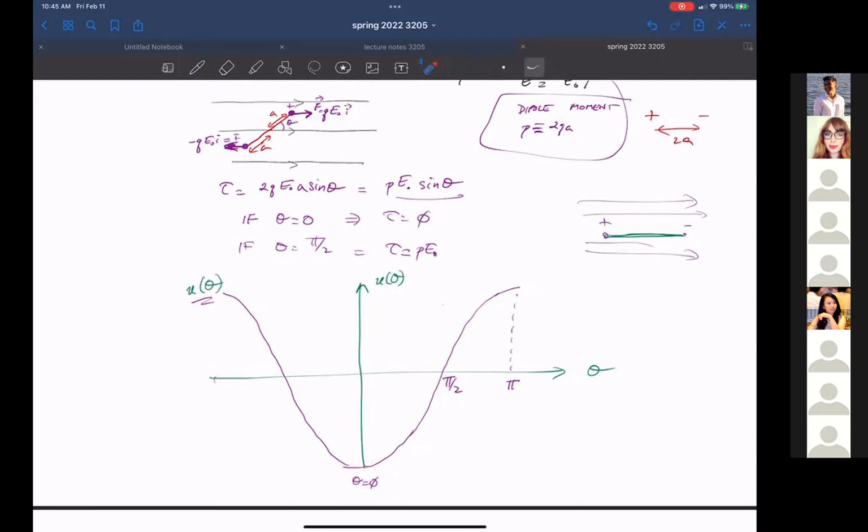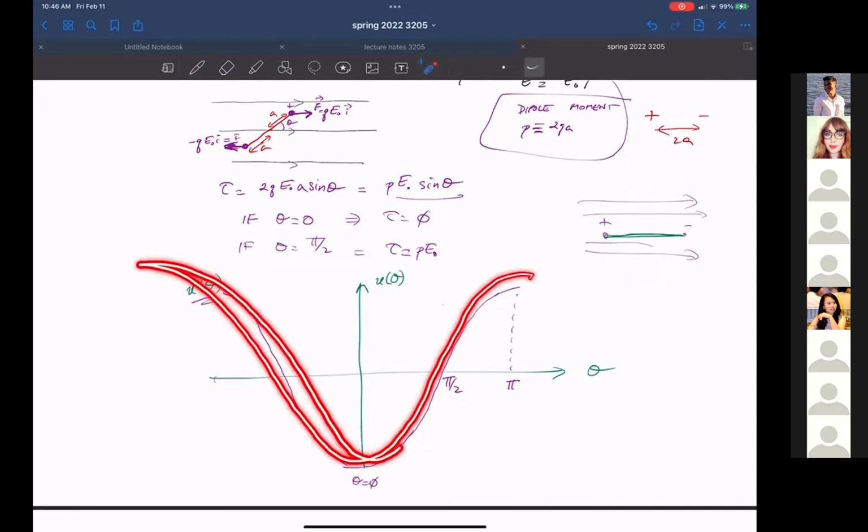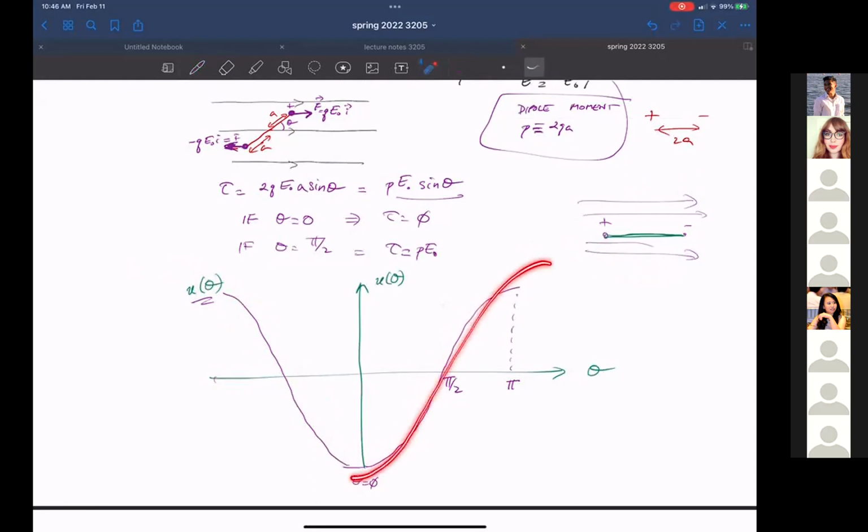Here at pi, which is when this thing is flipped, you have your maximum potential. Sorry if this doesn't make sense, because I haven't defined potential yet. But it turns out that this is a stable point, where the plus is here. Think of this as height. Imagine a pebble sitting here.